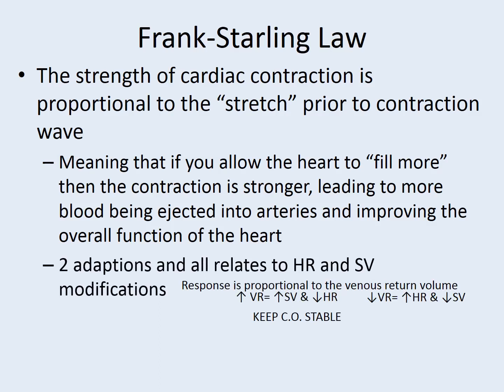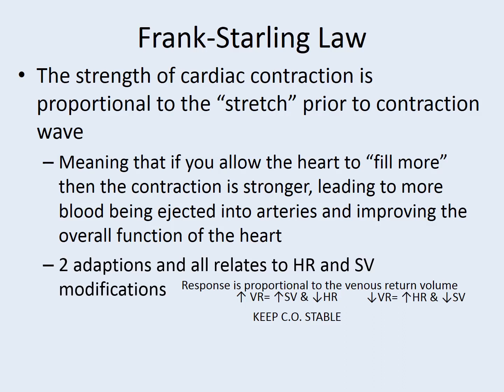In this law, we get two distinct adaptations. The two distinct adaptations are going to relate to modifications in heart rate and stroke volume, mainly because we want to keep cardiac output stable. The responses are proportional to the venous return and related to the total peripheral resistance which the ventricles have to propel against.